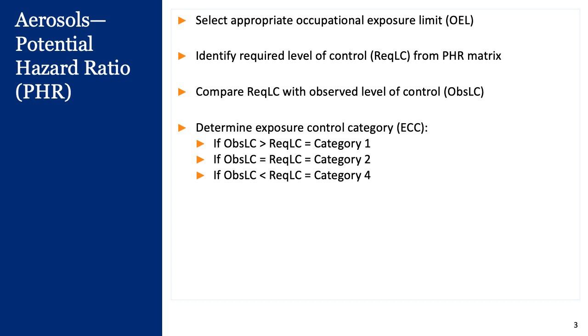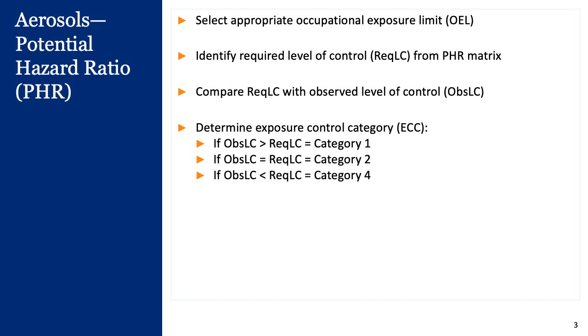So again, the steps to using this are: we select the appropriate occupational exposure limit, and from the potential hazard ratio, or PHR, matrix, we find out the required level of control for this aerosol. And we compare the required level of control with the observed level of control.